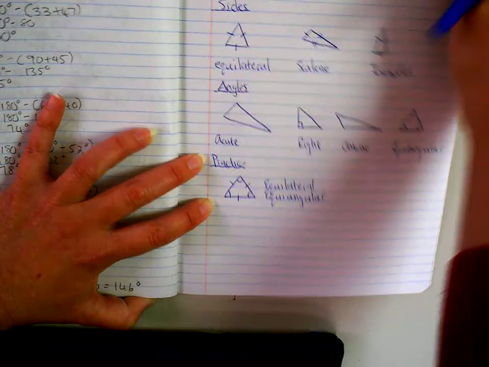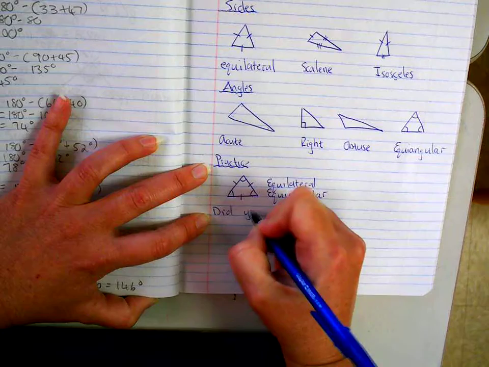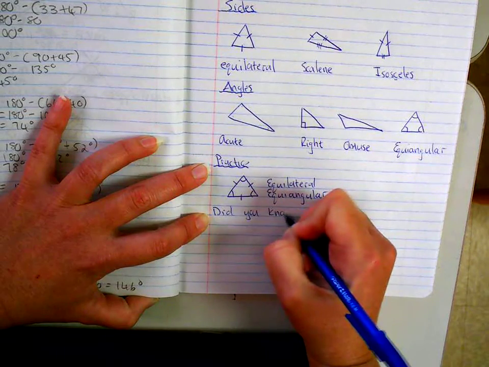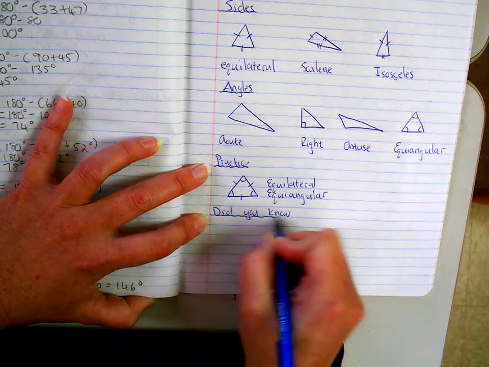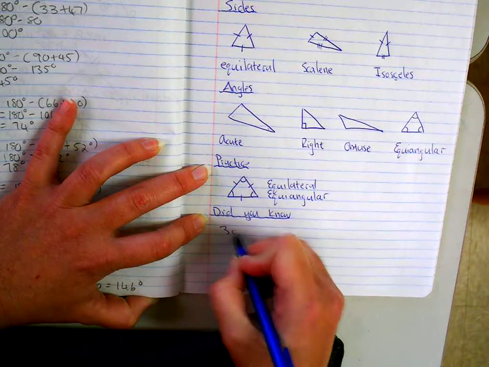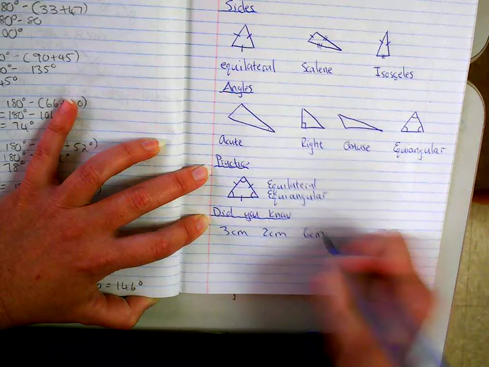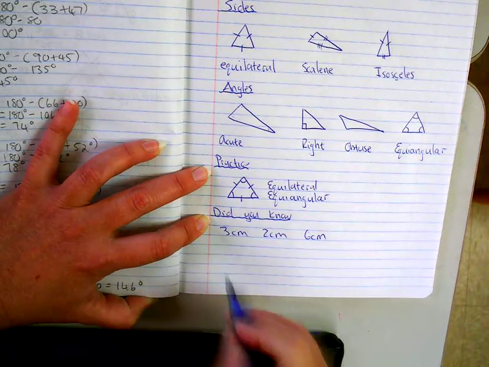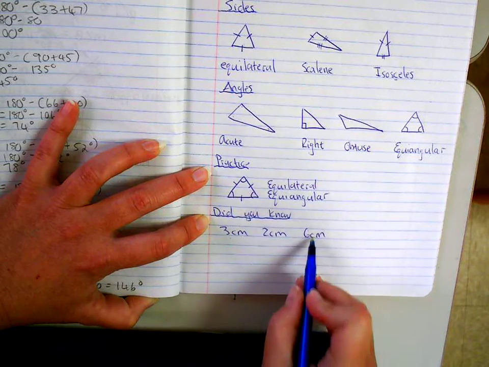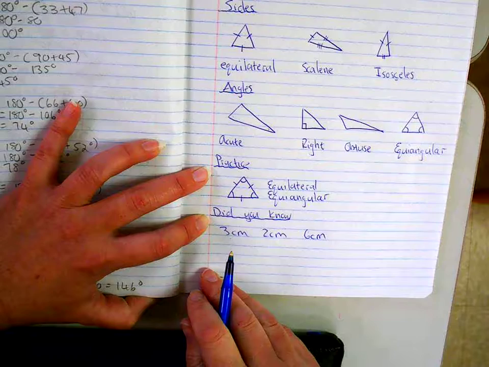Okay, and then there's one more thing that I want you to know. Did you know? If I give you three measurements, let's say 3 centimeters, 2 centimeters, and 6 centimeters, that these measurements could or could not make a triangle, and here is how you would know.